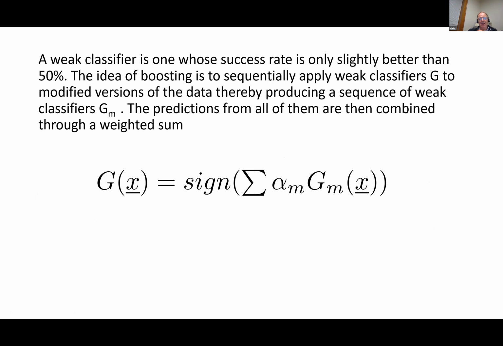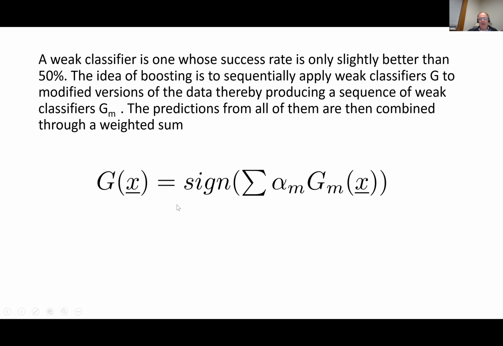A weak classifier is one that is classifying just slightly better than 50%. So its accuracy is just slightly better than 50%. The idea of boosting is to sequentially apply these weak classifiers and combine them along the way to get a much stronger classifier.